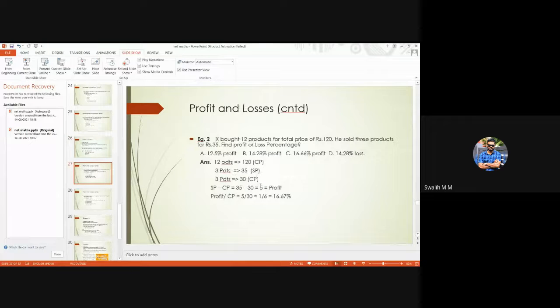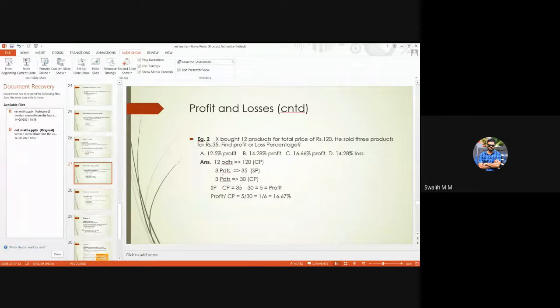Next question. X bought 12 products for a total price of 120. He sold 3 products for rupees 35. Find profit or loss percentage. Remember, he bought 12 products and sold only 3. So you need to convert all to the cost price. Cost price is given for 12 products and selling price is given for 3 products.